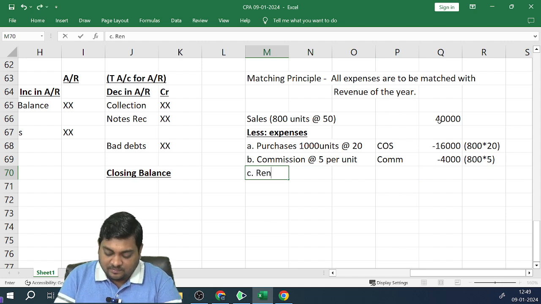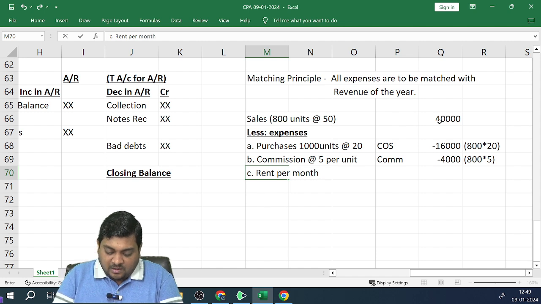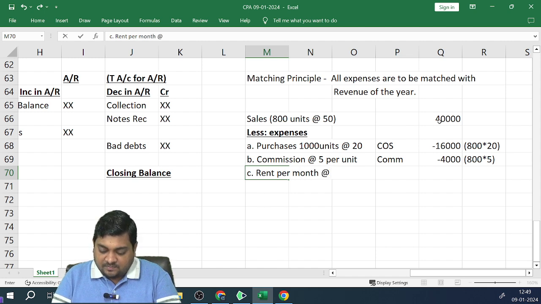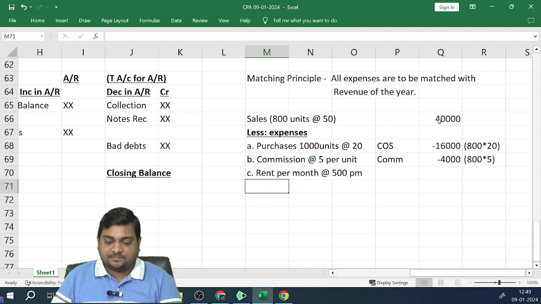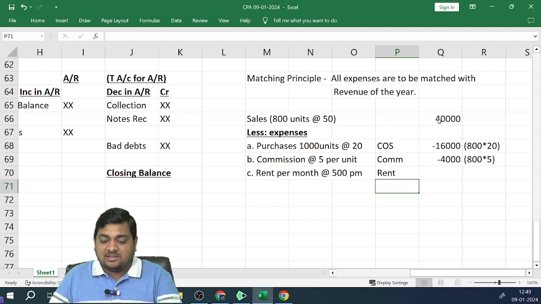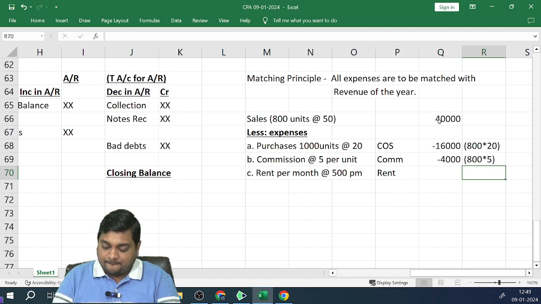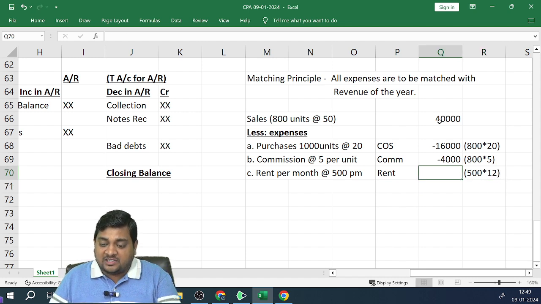Similarly, rent per month is 500 per month. So when I talk about rent expense, I shall take it for 12 months. Now this is not directly related with the volume, so it has to be related with the time, right?